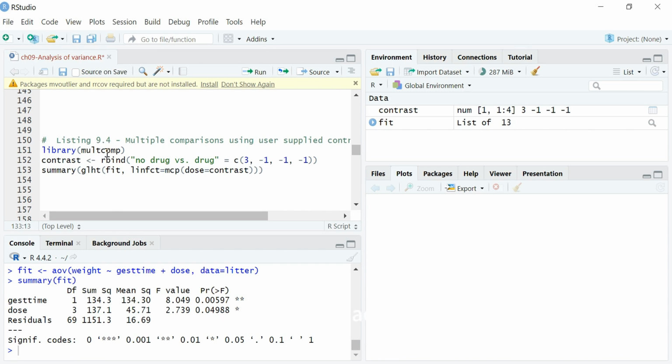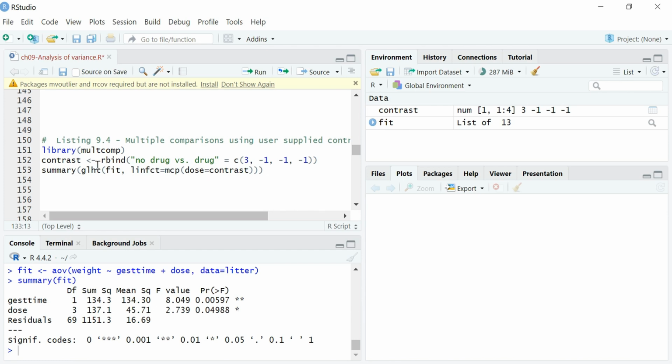With this package and the function glht, it's possible to compare treatment groups pairwise. Also, we can do some more complicated comparisons. For example, we want to compare the no drug group against the other 3 drug groups, because the drug doses are 0, 5, 50, and 500. Only one group is no drug, and the other 3 groups have drug, right?